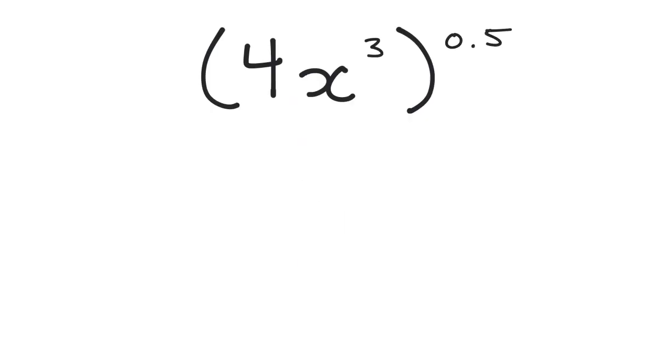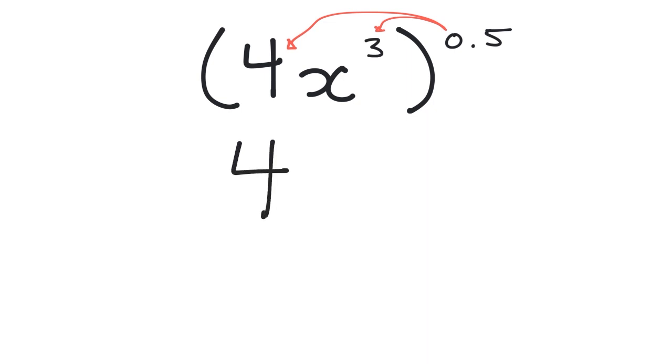Here we have another expression. We have 4 times x to the power of 3, all to the power of 0.5. So now we have a decimal exponent on the outside of those brackets. We can simplify by applying that 0.5 exponent to everything within the brackets. So remember, it has to be applied both to that x to the power of 3, but also to that coefficient of 4.